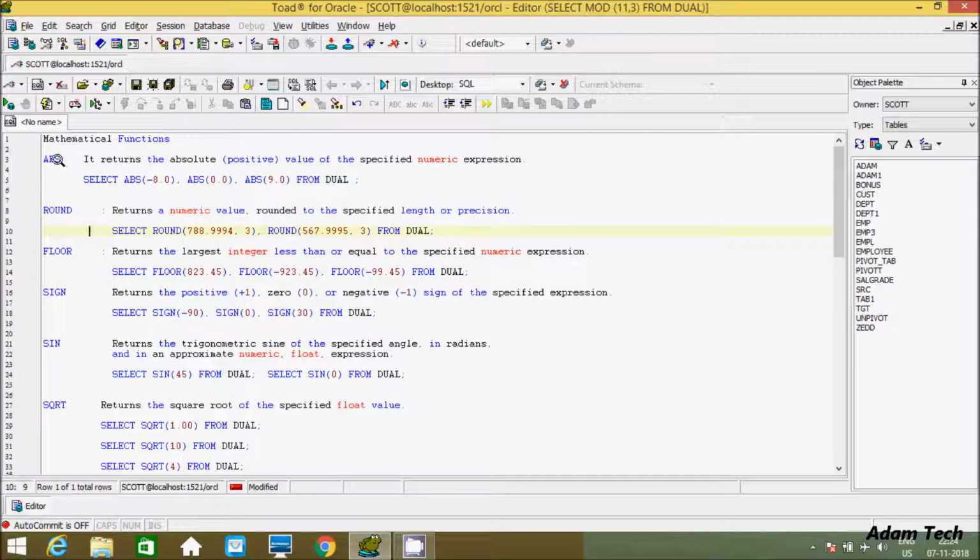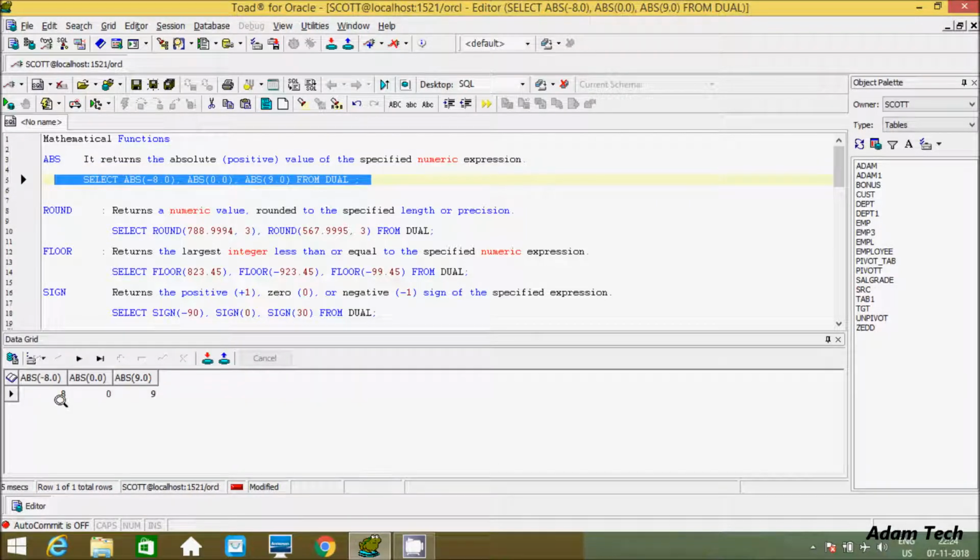First is the ABS mathematical function. It returns the absolute positive value of a specified numeric expression. Let's execute that first. When I enter minus 8, it returns the positive value 8, and if I enter the positive value 9, there is no change.